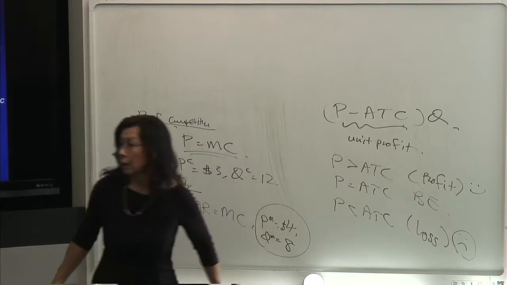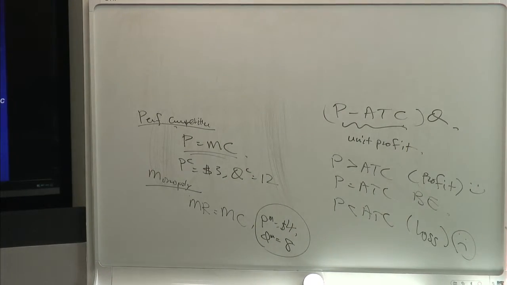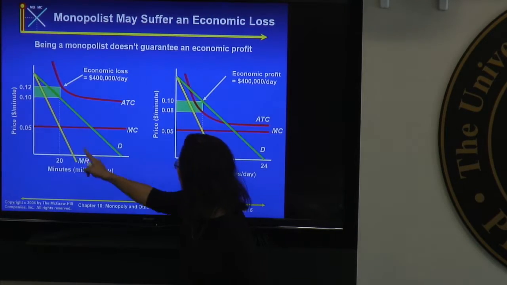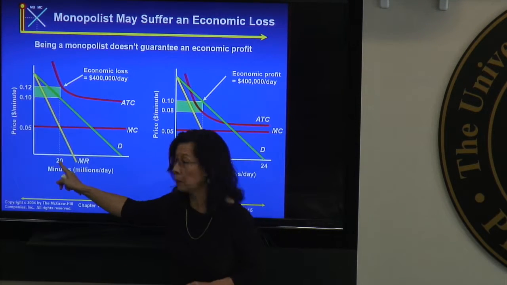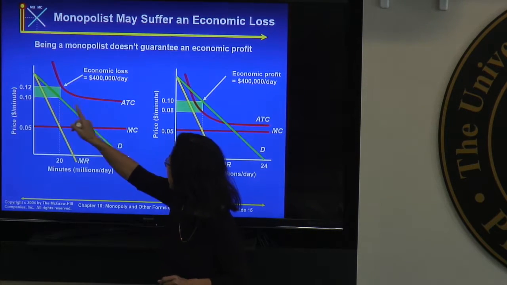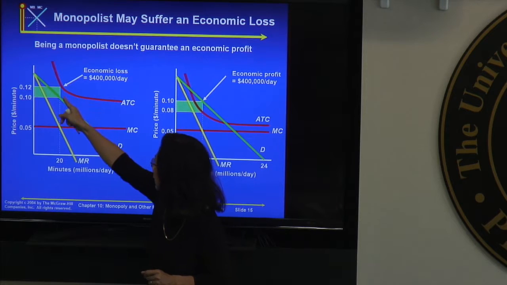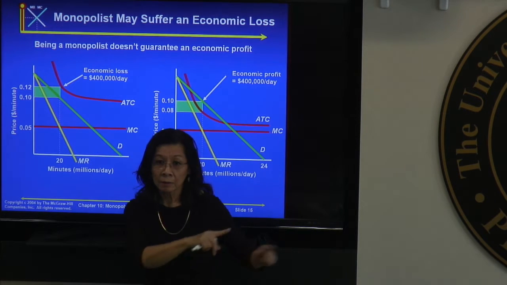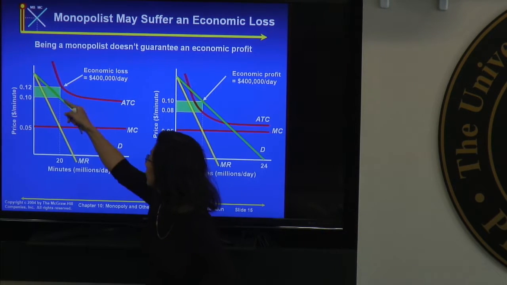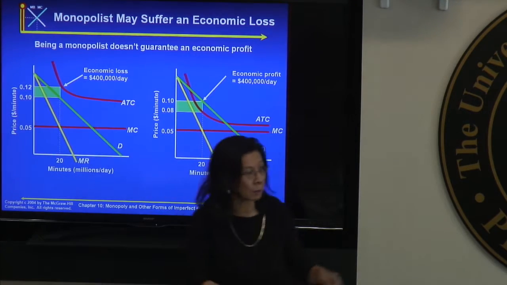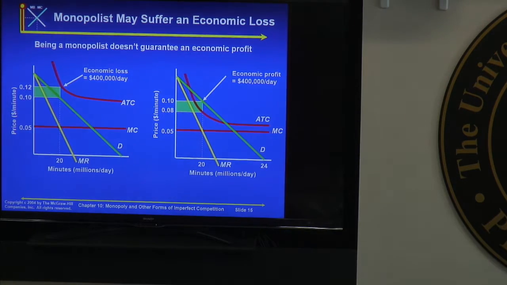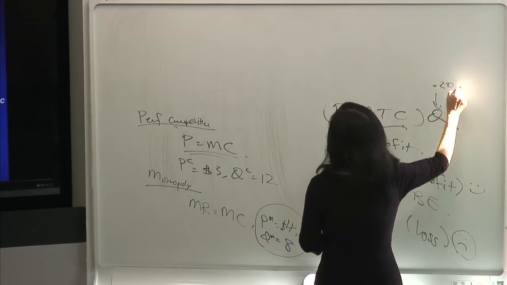So this is what happened. At this point where MR cuts MC, the quantity is 20. You go up all the way and say, oh no, not so good, because P is below ATC. So you are making a loss. This area right here, remember you have to multiply by Q. This is your 20.